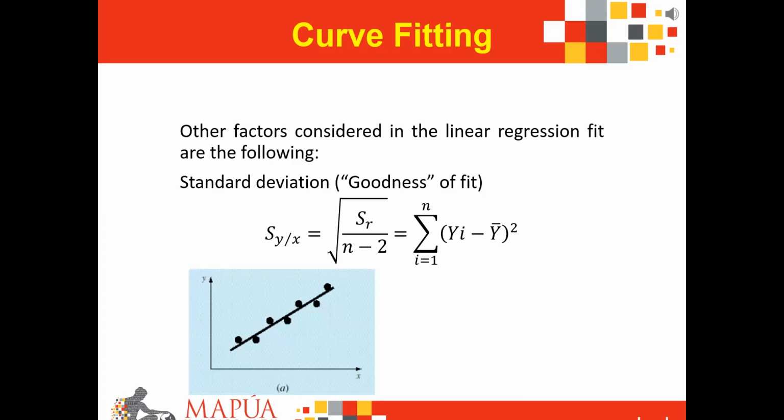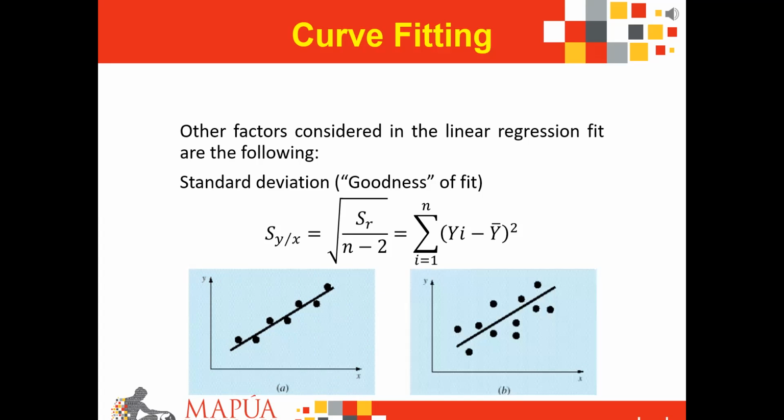Note that if the standard deviation for your given set of data tends to be low, it informs you that the data points are simply clustered along your straight line. Whereas if your standard deviation is high, it usually means that your set of data is scattered around your regression line.